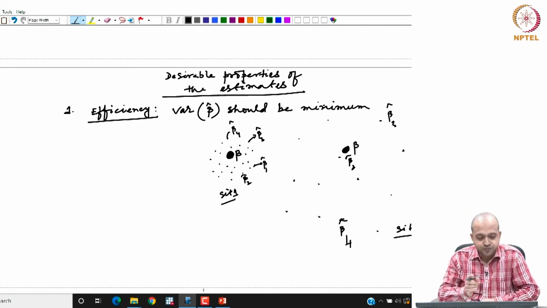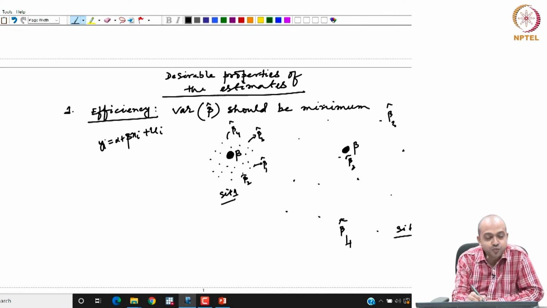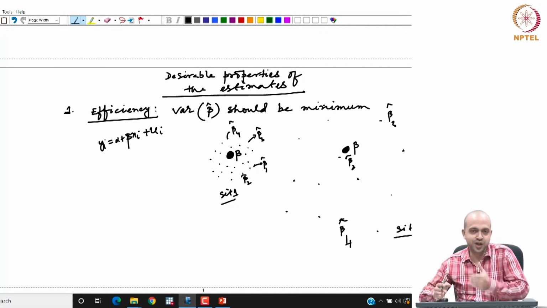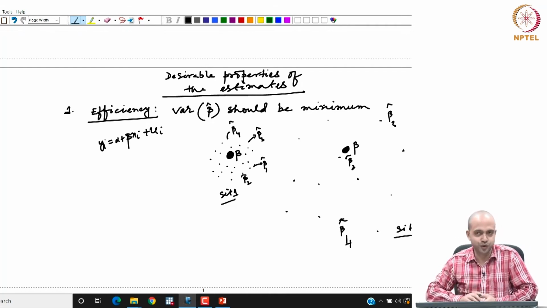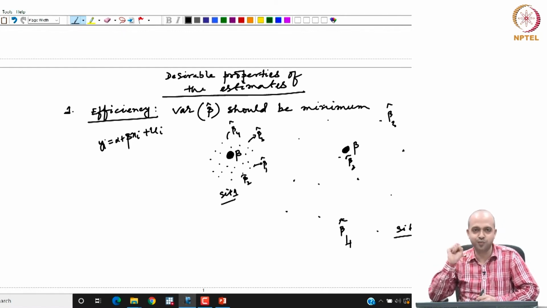If you recall, we have assumed that yi equals alpha plus beta xi plus ui, and we have assumed that this ui follows a normal distribution. When ui follows a normal distribution, that will ensure the beta hat will also follow a normal distribution, and that variance of the distribution I am talking about.